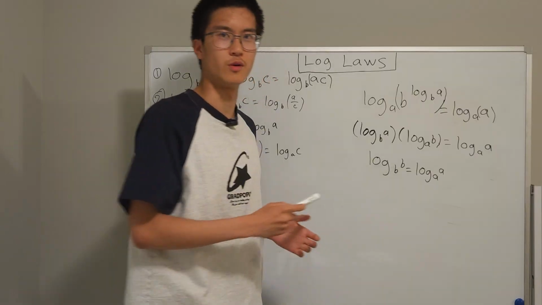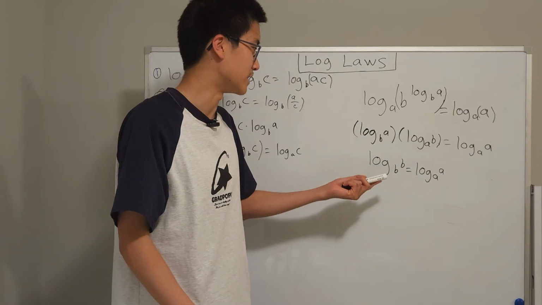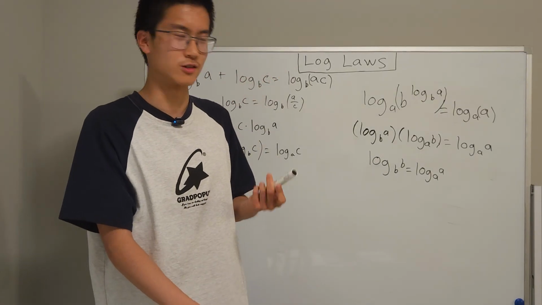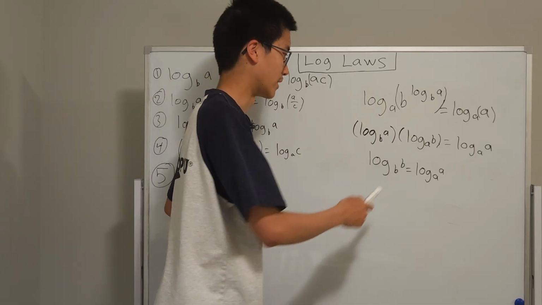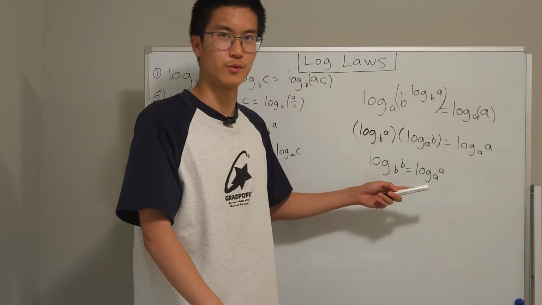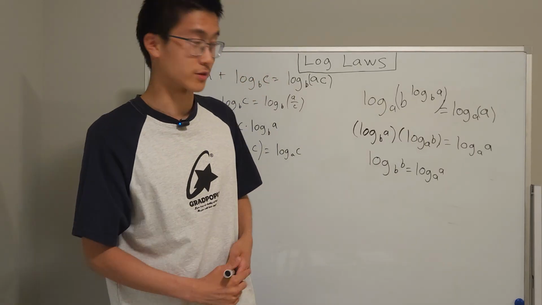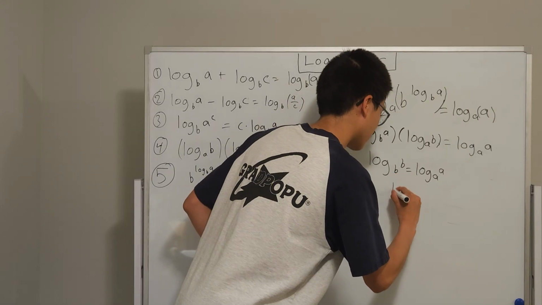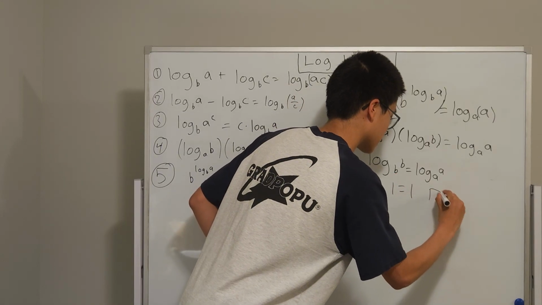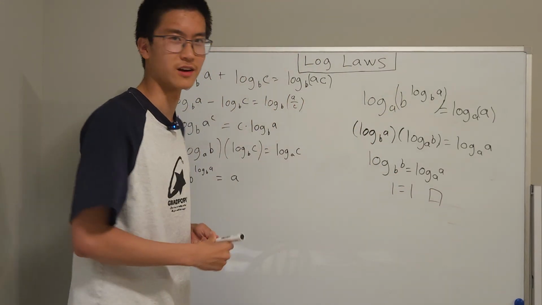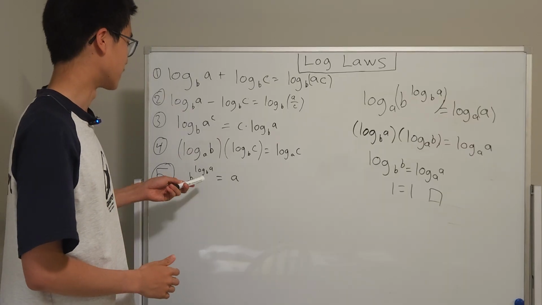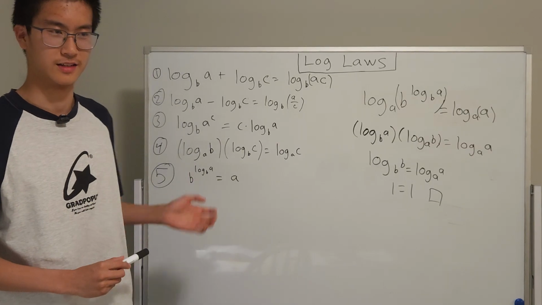This side equals 1, because b to the power 1 equals b. So this side is 1. This side is also 1, because a to the power 1 equals a. So at the end, we get 1 equals 1. And this is true, and we are done. So this is why this is also true.